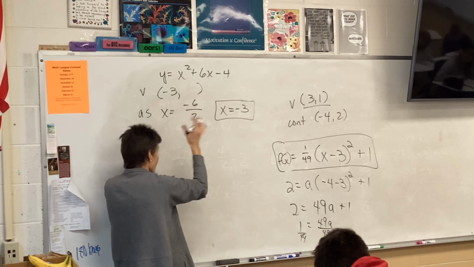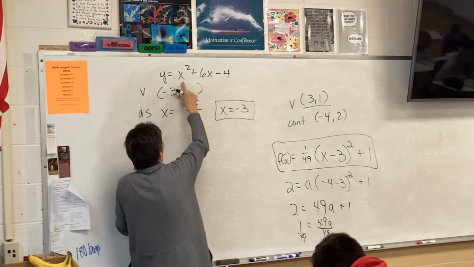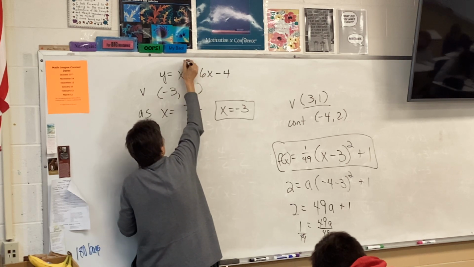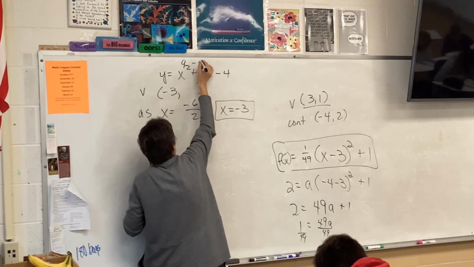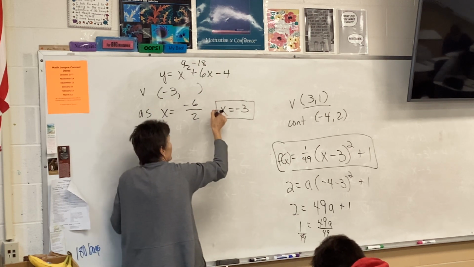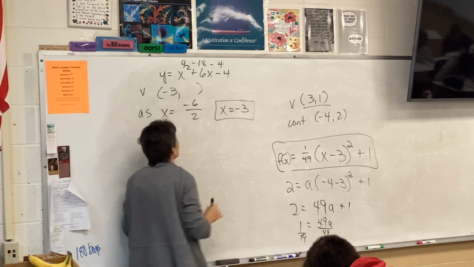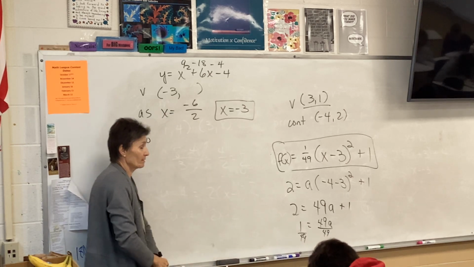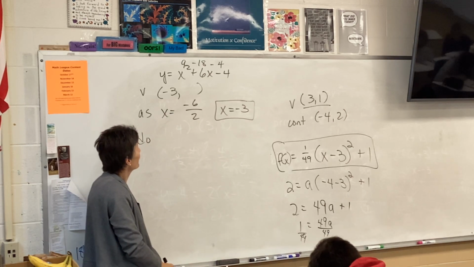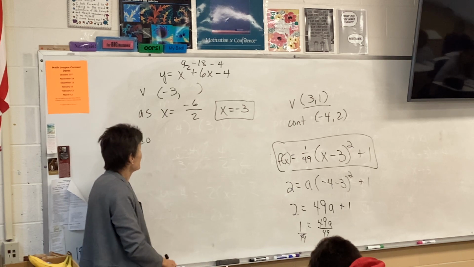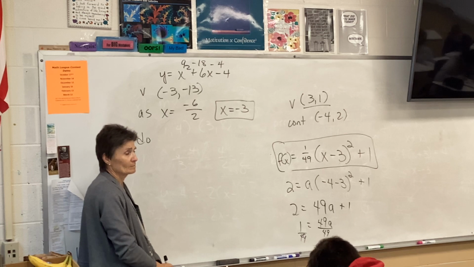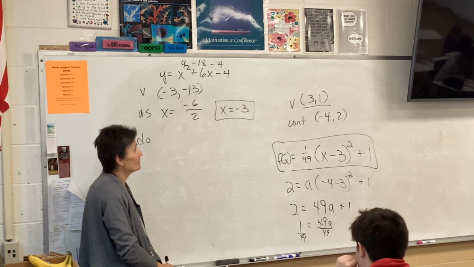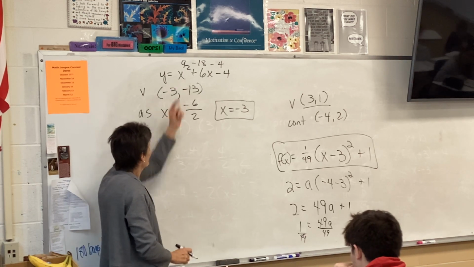It's probably easier not to use a calculator. -3 squared is 9. 6 times -3 is -18 minus 4. So now you can use a calculator. 9 minus 18 minus 4, is that -13? And which way does it open? Up.